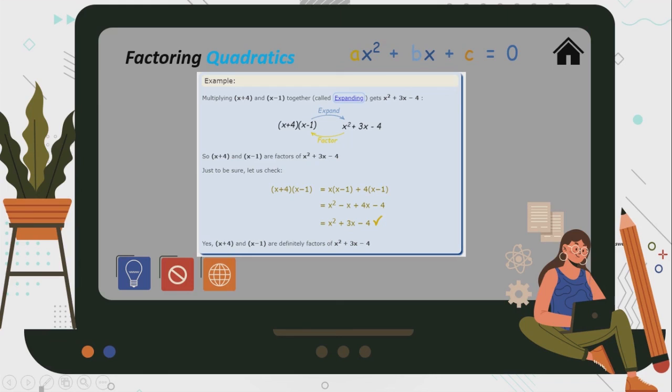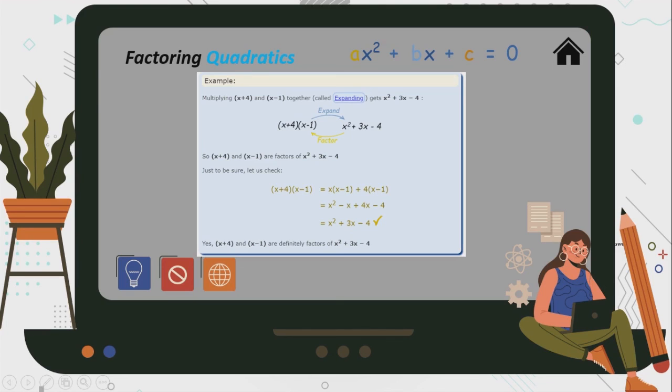Okay, that is the expand and that is the factor. So (x plus 4) and (x minus 1) are factors of x squared plus 3x minus 4. Just to be sure, let us check.